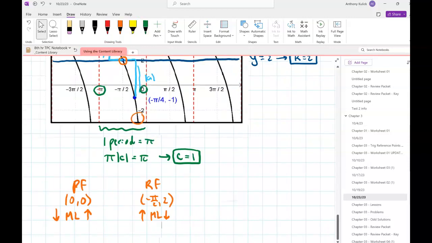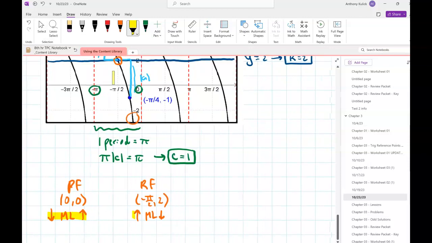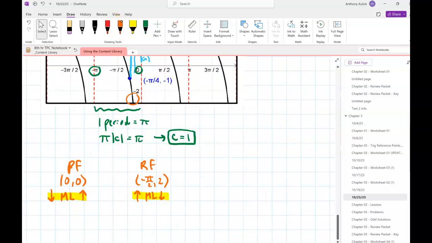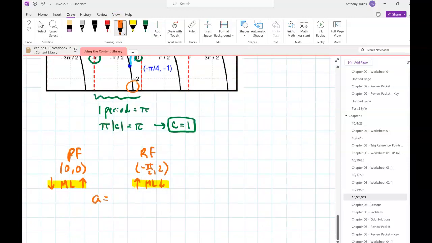So if I compare the parent function to the resultant function, what can I say about the a value? It must be negative, because look at the way the graphs are pointing. They're opposite directions, right? So the parent function is down then up.